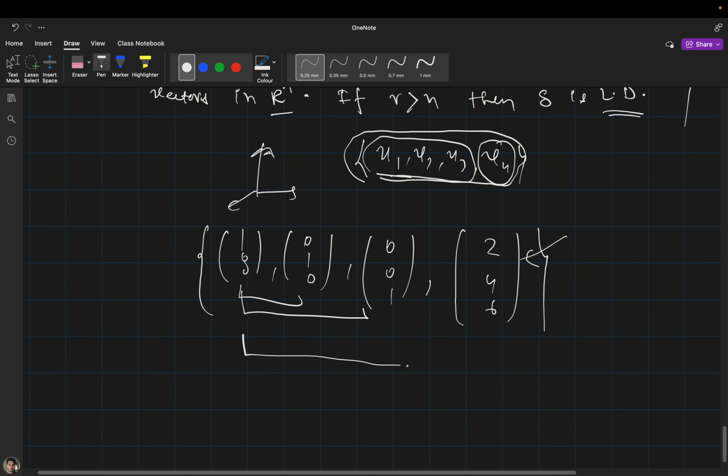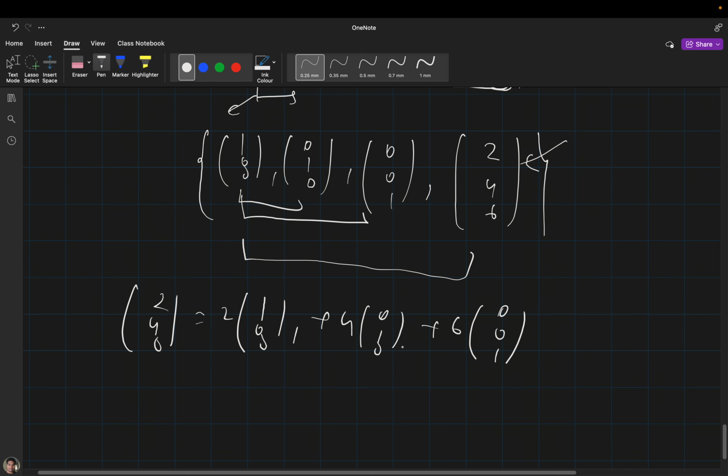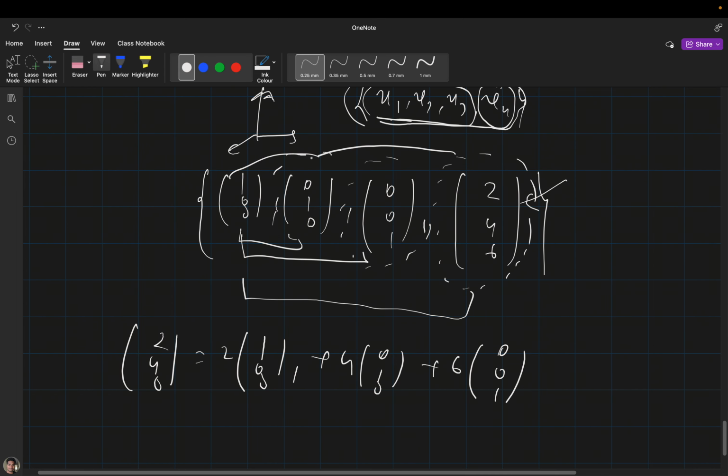Now I have a fourth vector. This system is linearly dependent because you can always write 2 4 6 as 2 times 1 0 0 plus 4 times 0 1 0 plus 6 times 0 0 1, because this one is extra. Or you can say this one is extra, or that one is extra.